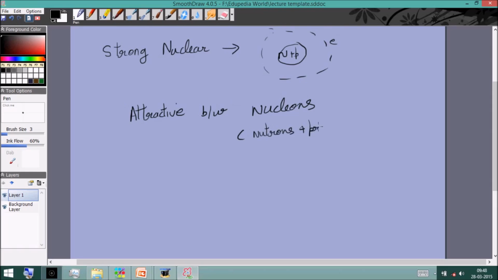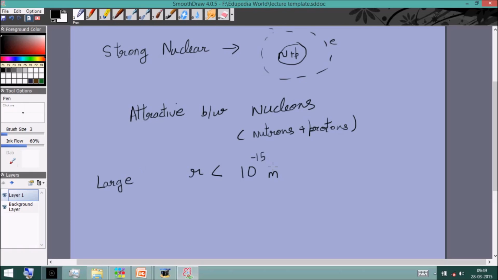But this force has a very specific property, which is it has a very large magnitude for distances between the particles smaller than 10 to the power minus 15 meters, which is also called 1 femtometer. But it is negligible if the distance becomes larger than approximately, these are approximate values, 10 to the power minus 15 meters.